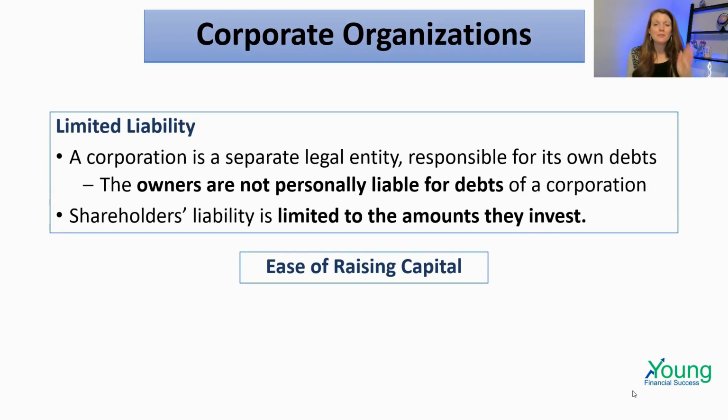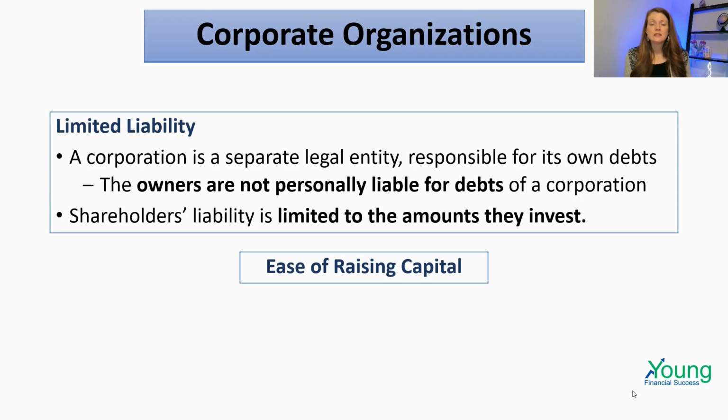It's 2 separate beings. So it's responsible for its own debts, and the owner is not going to be responsible themselves. Any shareholders are going to be limited to the amount that they invest. So again, they have that protection. Another good thing about a corporation is it can be easy to raise capital because you're going to be able to get investors easier, especially if it were to be a public company.